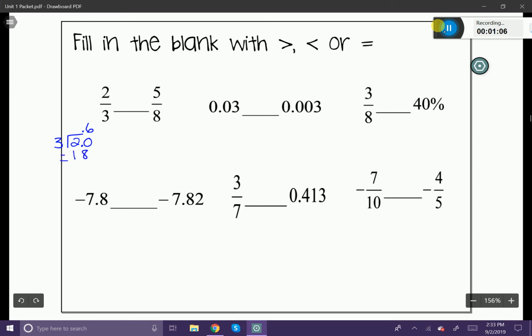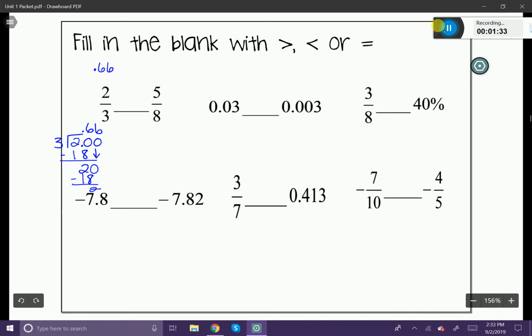So I'm going to do my subtraction. 20 minus 18 is 2. 3 does not go into that 2, so I'm going to add a 0 and carry it down, and that gives us a 20. 3 goes into 20, again, 6 times. You might be saying, well, there's a pattern going on here, right? And you're exactly right. So therefore, the decimal for 2/3 is actually going to be 0.66 or 66 hundredths.